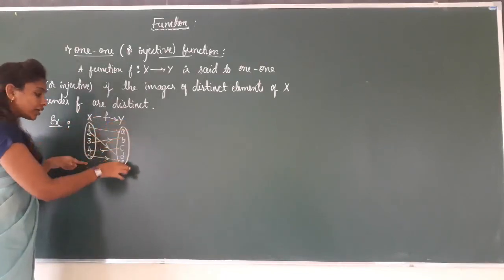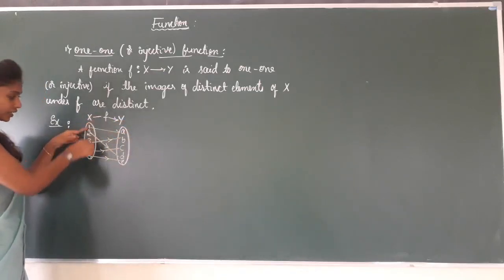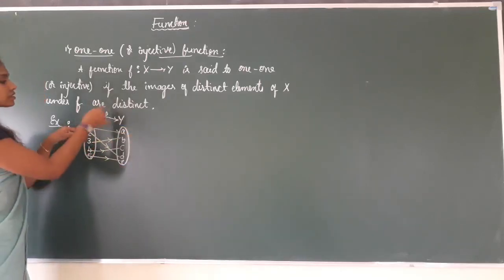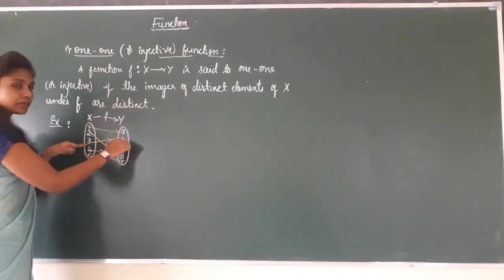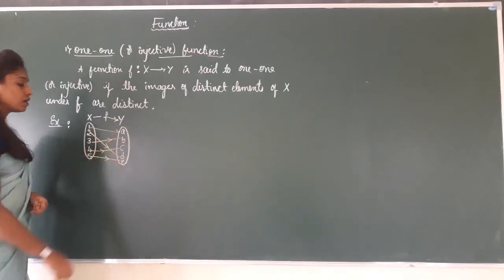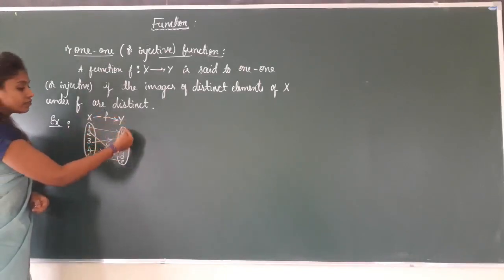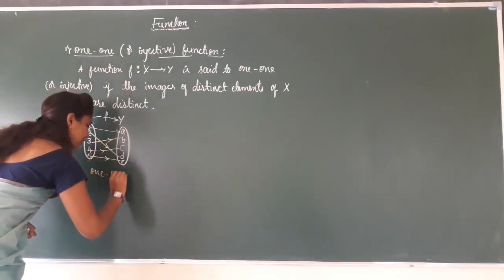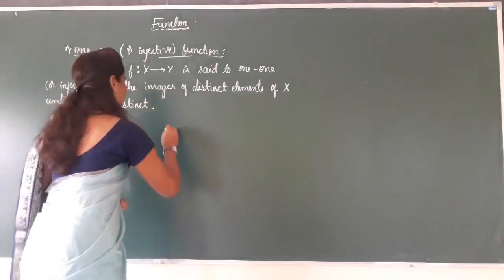Different elements of the set X have different images. So 1 has image A, 2 has D, 3 has the image B, 4 has the image C, 5 has the image E. That's why this is one-one function.